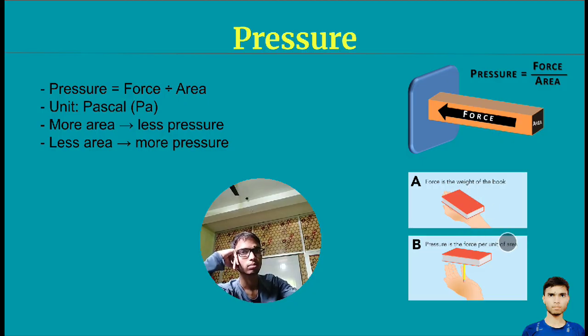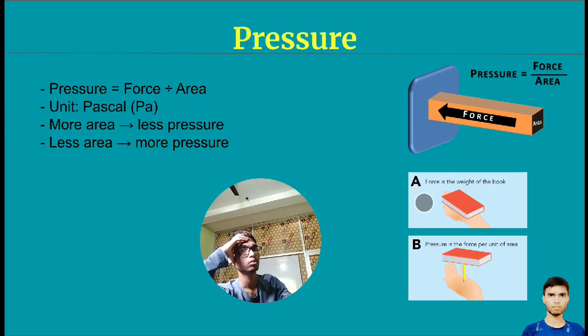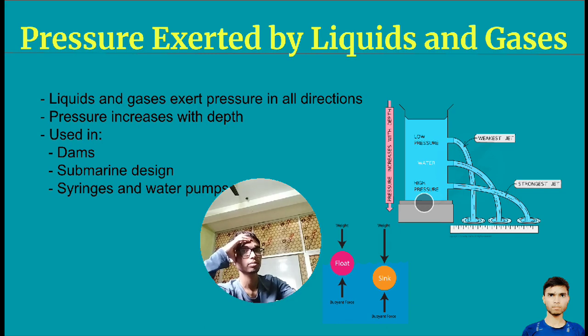Clear? This was about pressure. The formula for calculating pressure is force upon area. More area, less pressure; less area, more pressure. Clear? Thrust is just a perpendicular, downward force.